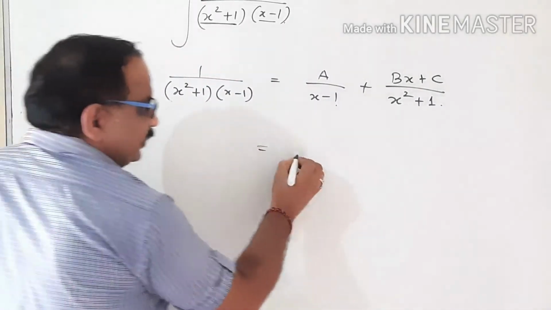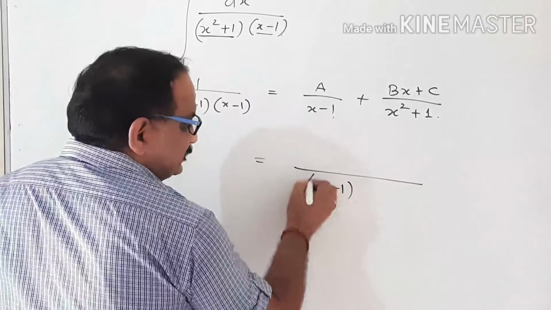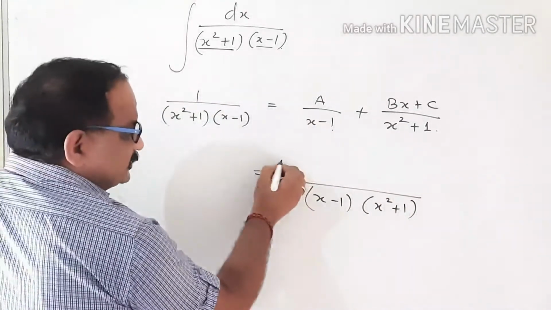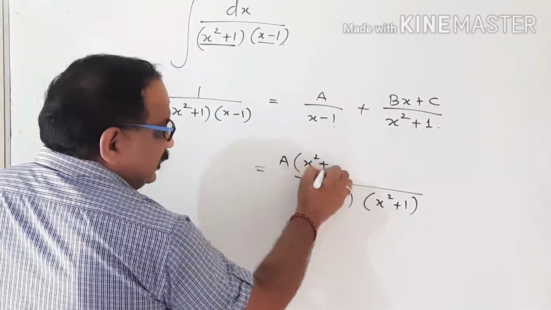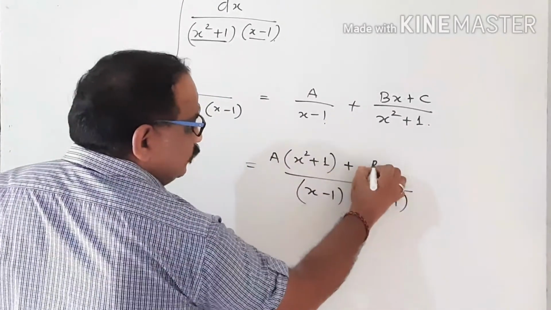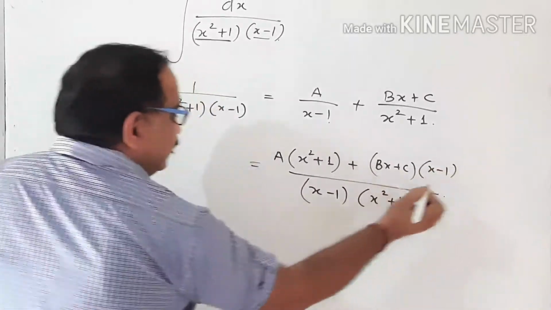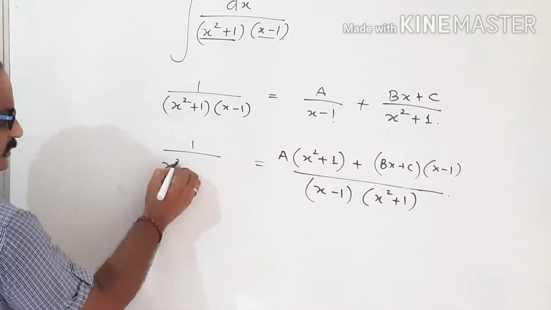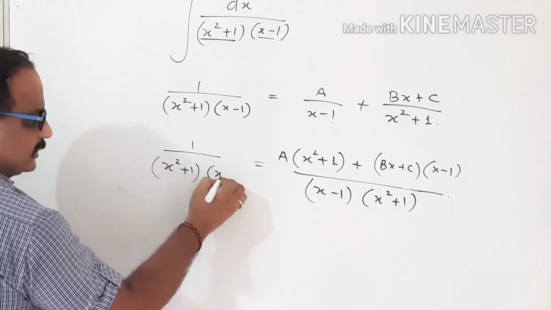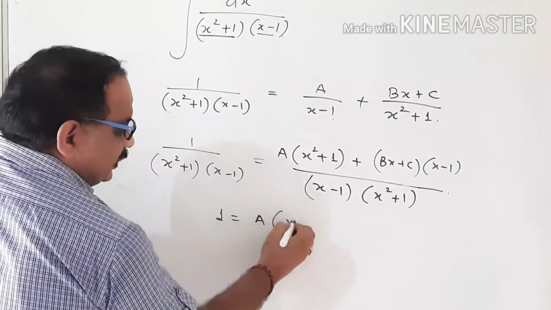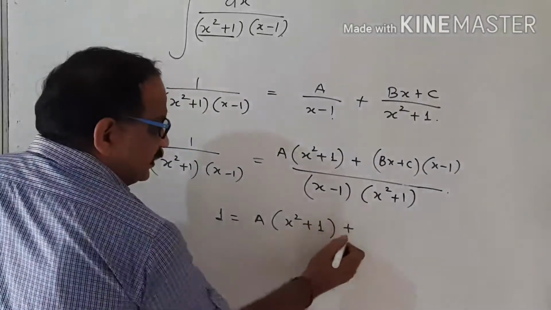Now again we have to take the LCM portion, that is x minus 1 and x square plus 1. Right, here is a, inside part is (x square plus 1) plus (bx plus c) and what? (X minus 1). In the left hand side, it is (x square plus 1) and (x minus 1). We should compare it, and after comparison, we are having an identity.